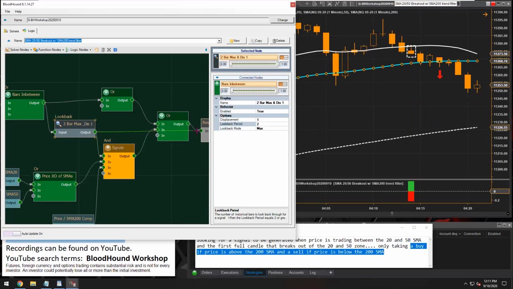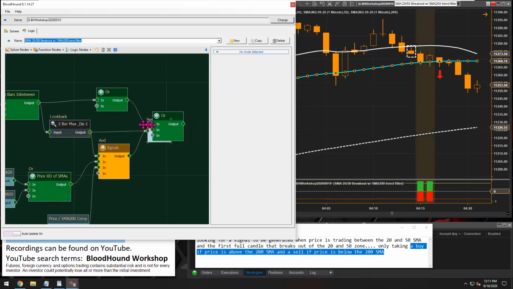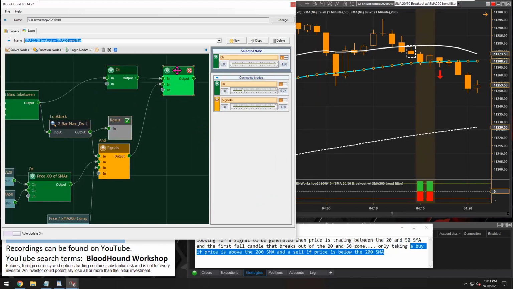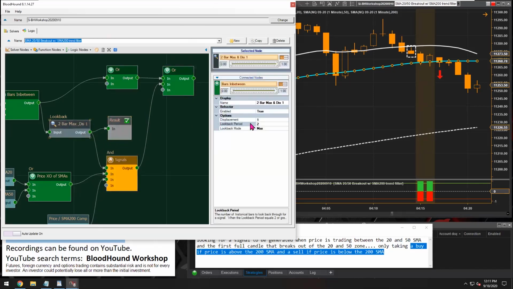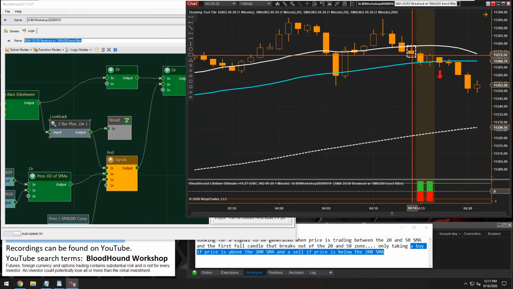Let's move that out of the way there. So this look back node is only designed to compensate for two bars that are touching the moving average before the actual breakout bar or the crossover bar.